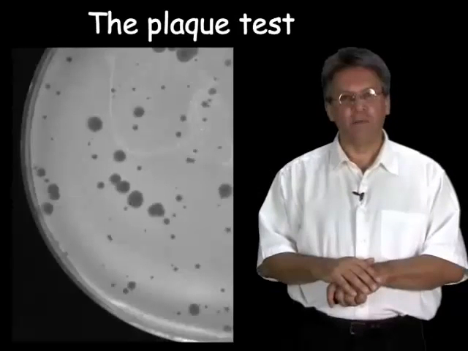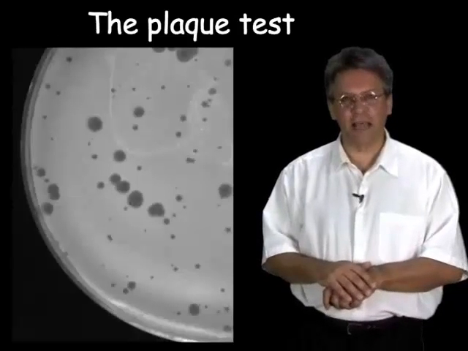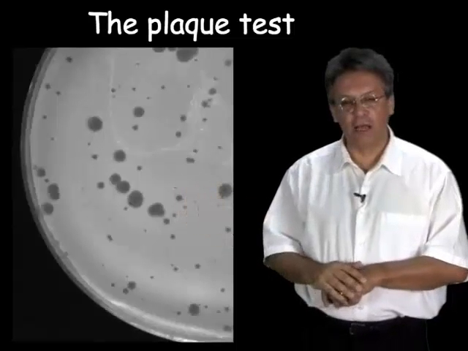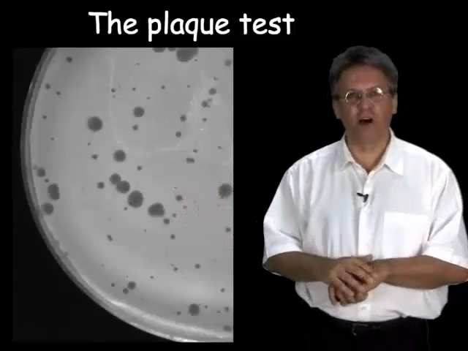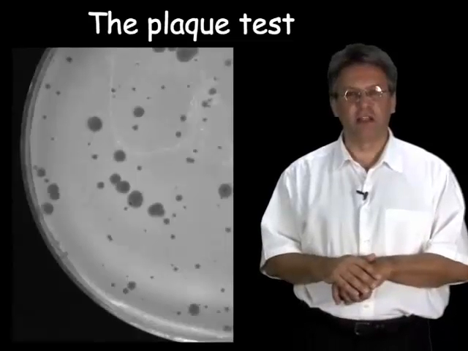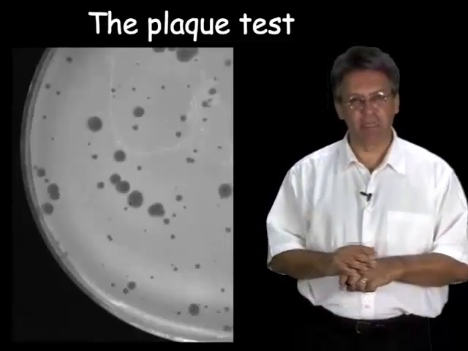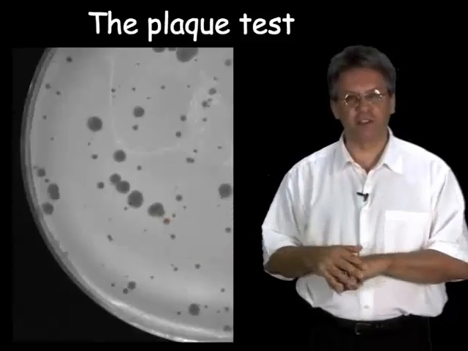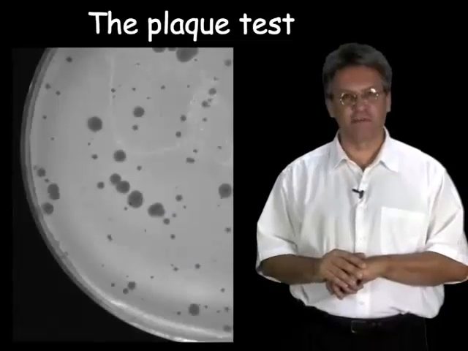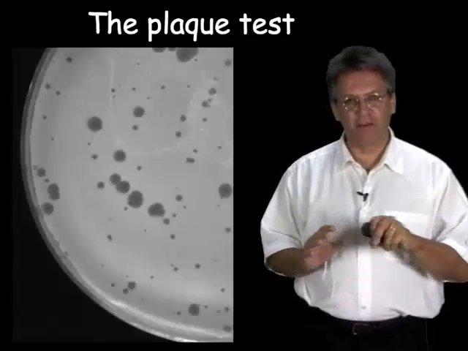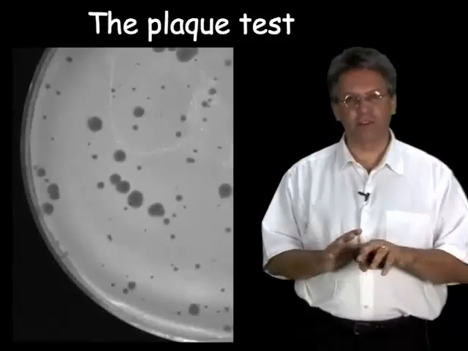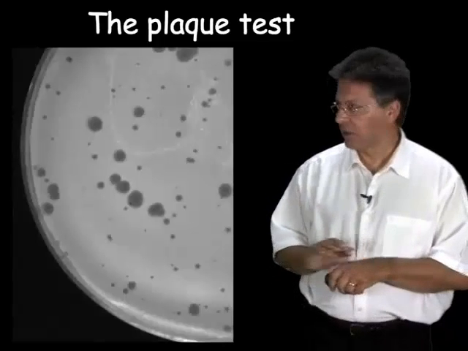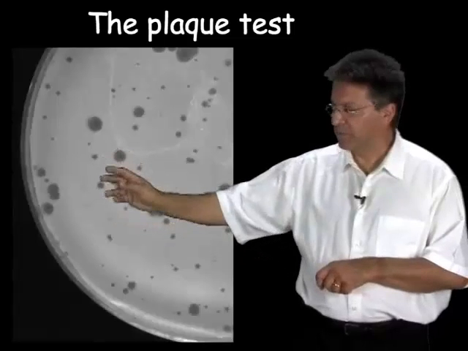It was really Felix d'Herelle who developed an assay called the plaque test, where he was able to take samples of bacteriophages that were able to kill bacteria, and he made a series of increasingly greater dilutions of the bacteriophage sample, and then plated that out in the presence of the bacterial host on solid media, using Petri dishes as shown here.